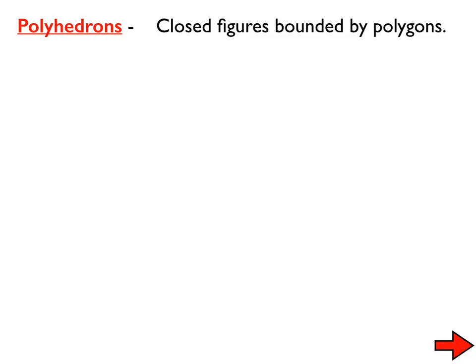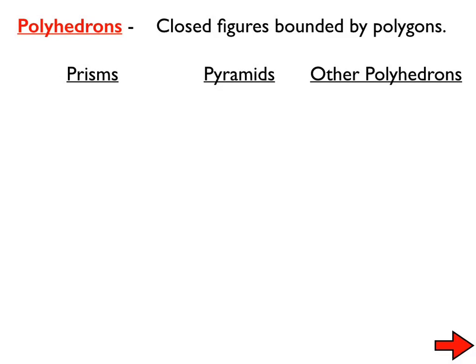So some definitions here. Polyhedrons are closed figures bound by polygons. And we have lots of places in the notes where you're supposed to fill in some things today. So when we're talking about polyhedrons, we're talking about prisms, we're talking about pyramids, and when we name prisms and pyramids, we name them by their bases. And prisms have bases that are parallel to each other.